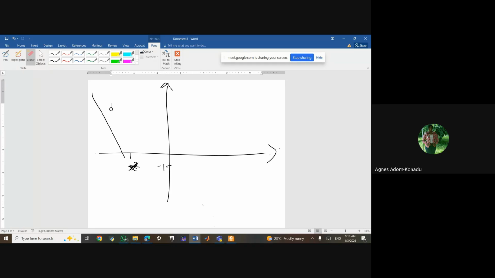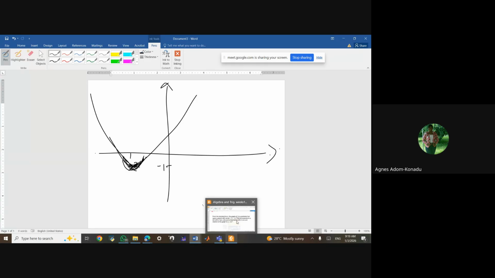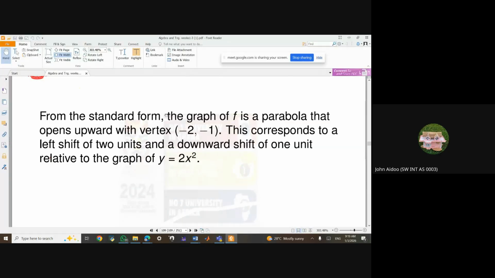I didn't sketch it well, it's not done to scale, but it will have a turning point like this. This is supposed to be round, it's not a sharp curve. The graph will look something like this.